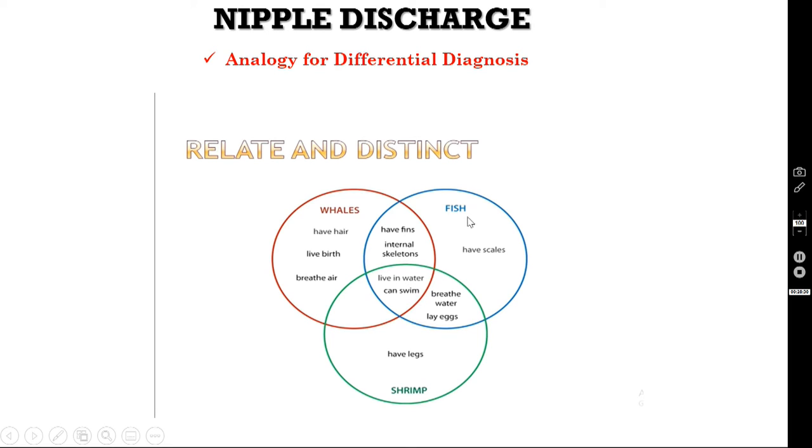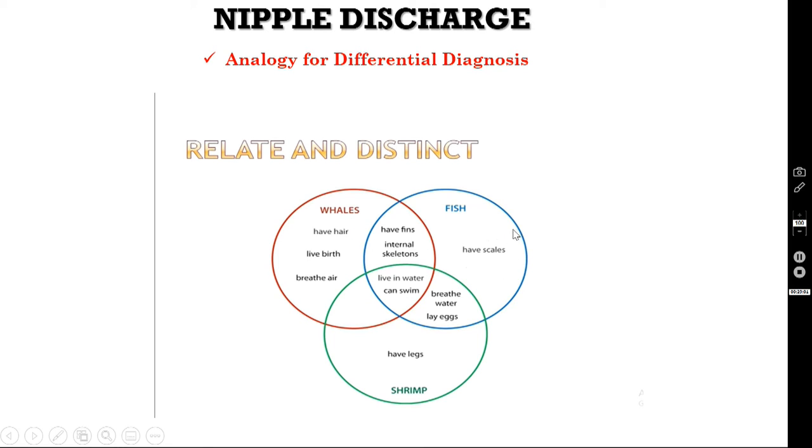Suppose it is just fish and shrimp. The common features for both are that both of them can breathe in water and both of them lay eggs. This is common for both. What are the features common for both fish and whales? Both of them have fins and internal skeletons also. This is common for both, but each one of them has a characteristic feature.